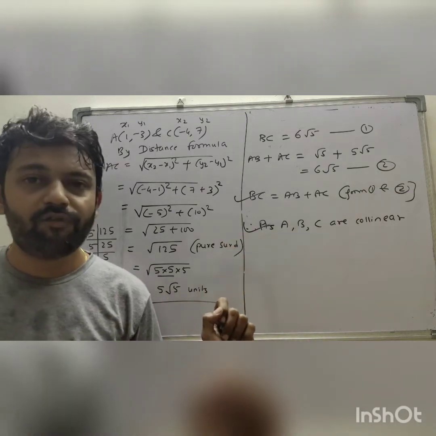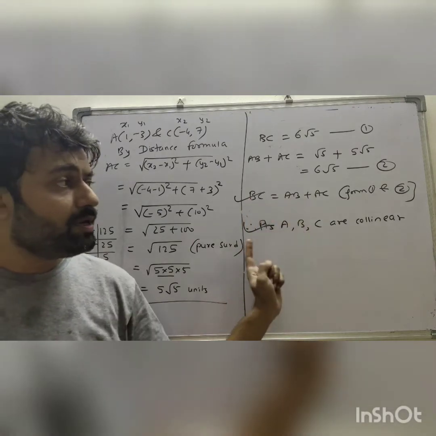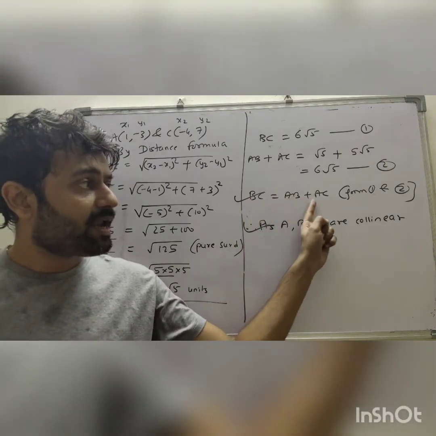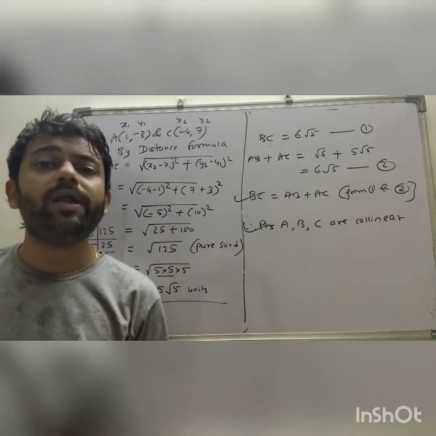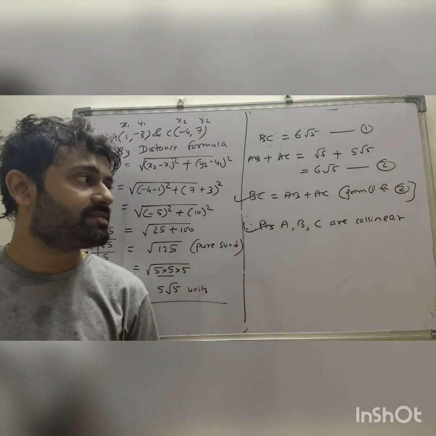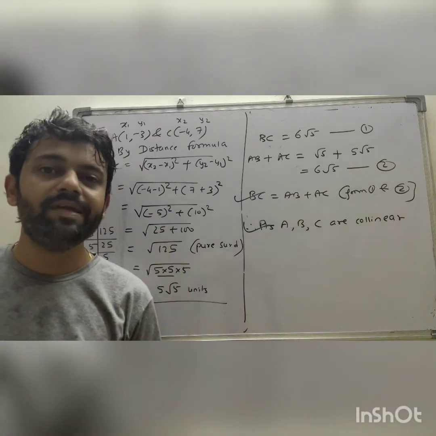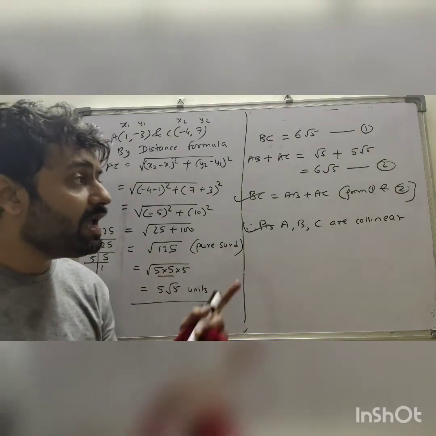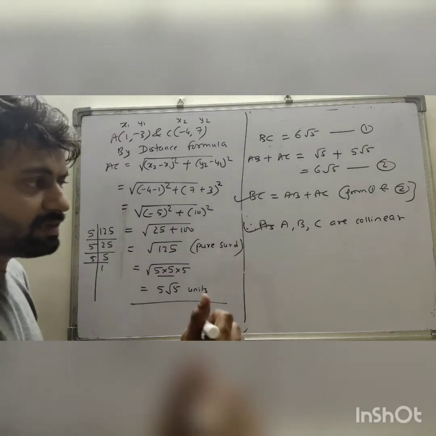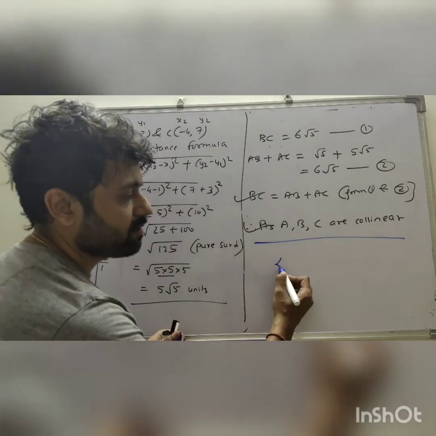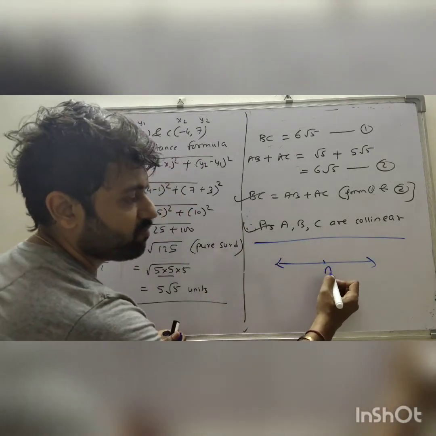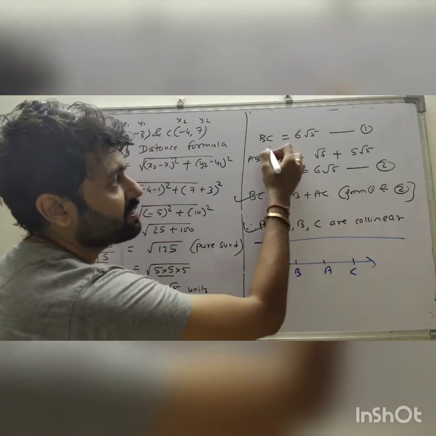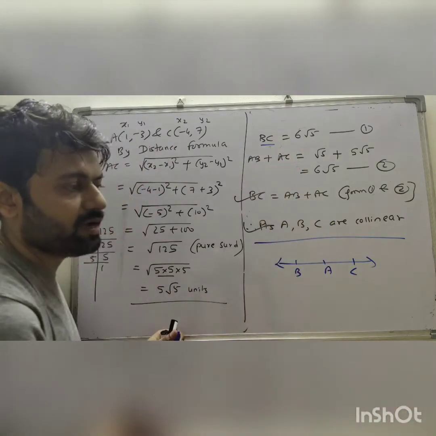Remember, just for your information, ये collinear में A point 2 बार आया. It means A point must be in between B and C. Just for information, ये डायग्राम में A बीच में रहेगा, BC is the big distance, तो वो बड़ा रहेगा.